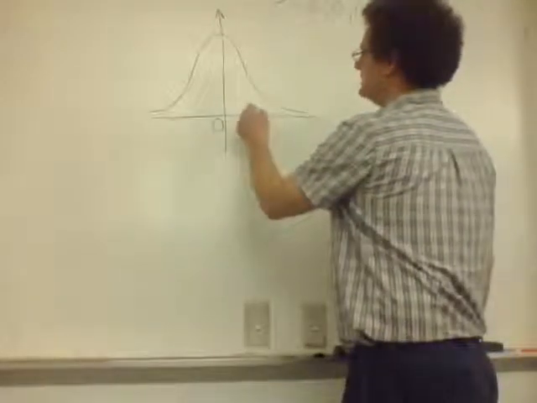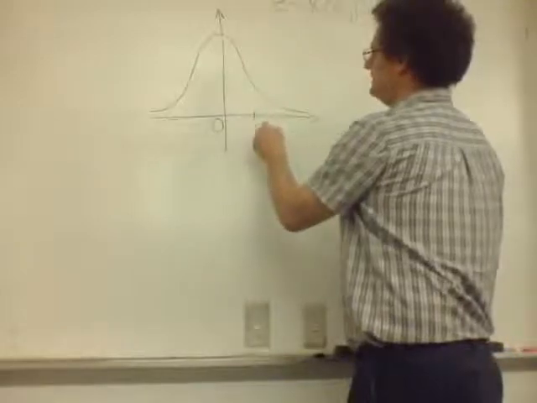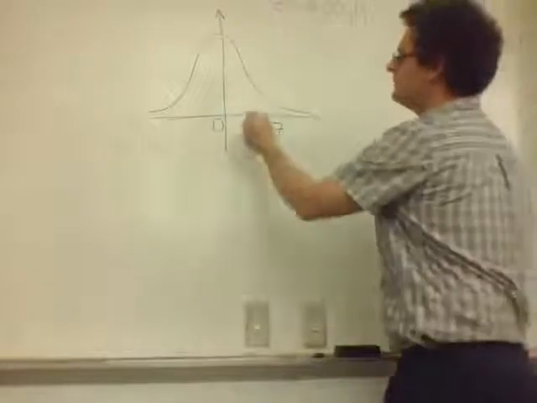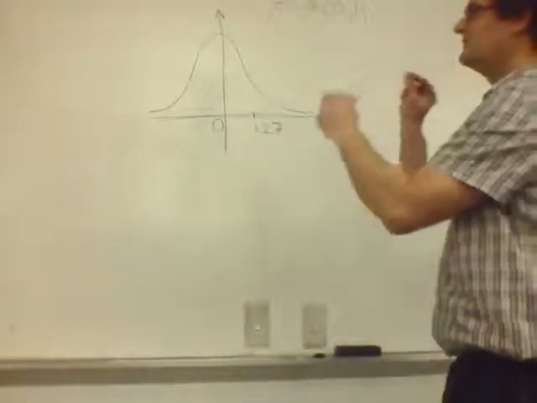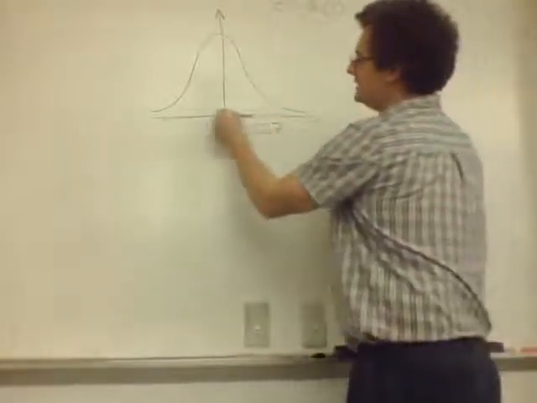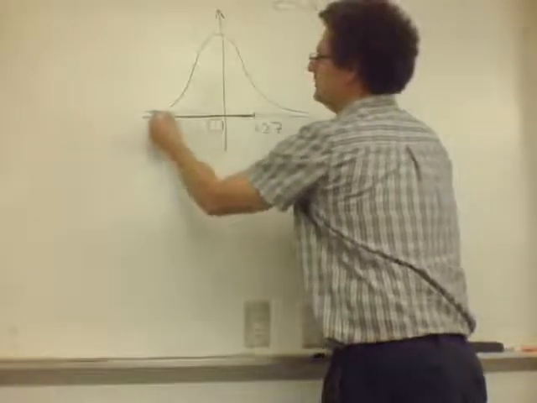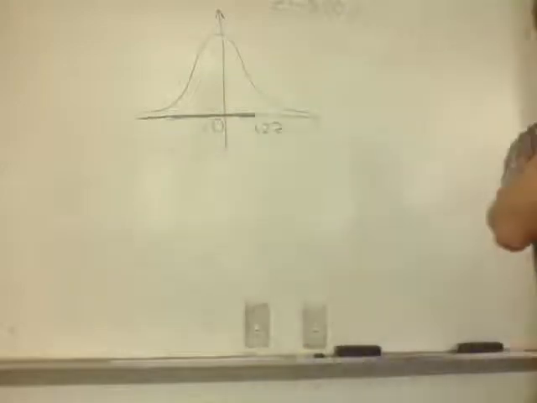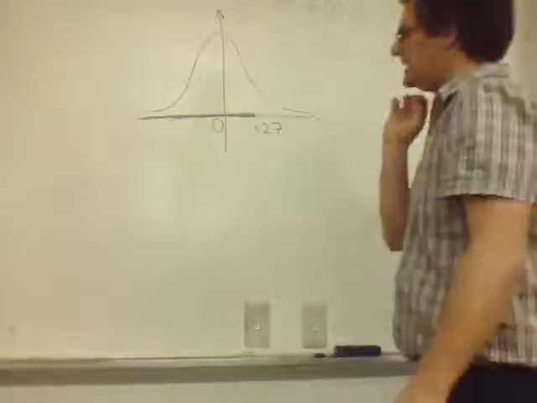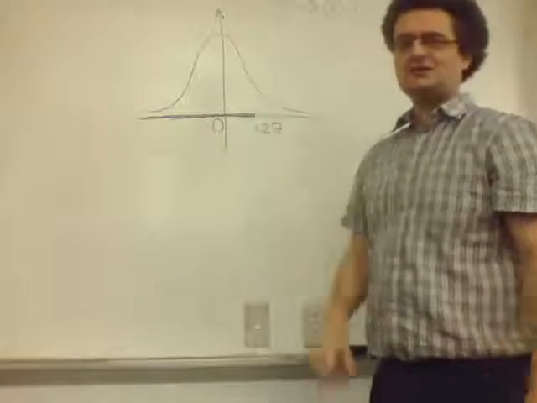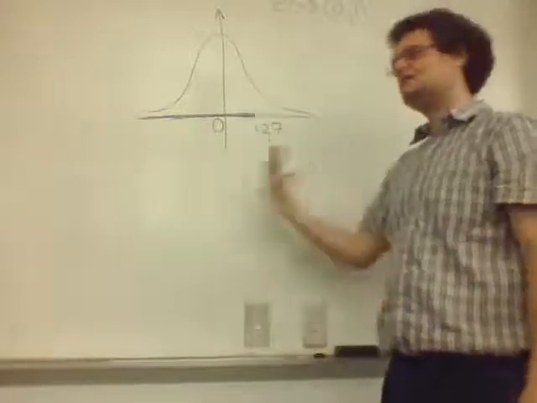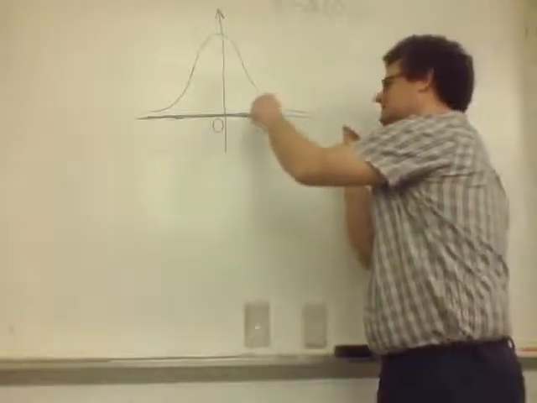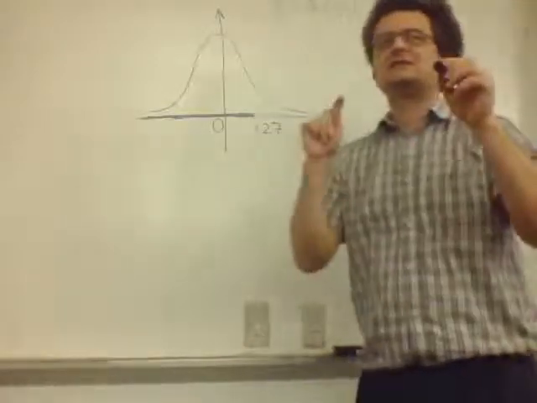So somewhere here is 1.27. The question is, what is the probability that the random variable, the reading of the randomly chosen thermometer, will fall somewhere here, less than 1.27? If you wonder whether it is strictly less than or less than or equal to: since it's a continuous random variable, the probability of taking just one point is in fact 0.